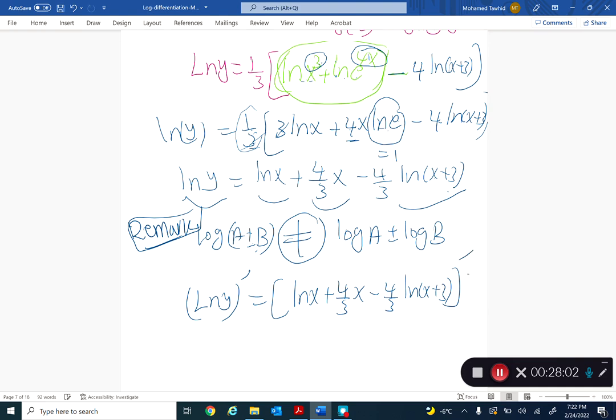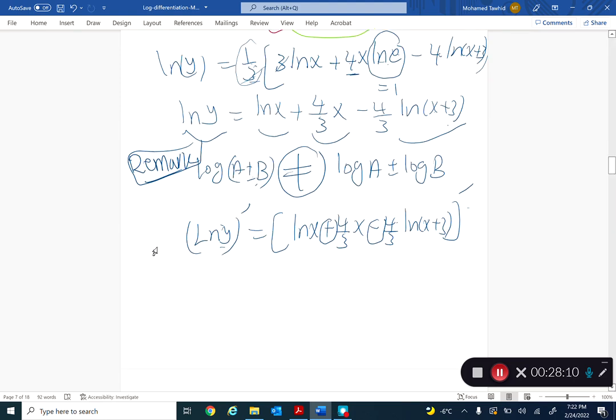If you have plus or minus in the middle, it means I have to take the derivative term by term. The first term, the second term, and the third term: ln x is one term, 4 over 3 x is the second term, and negative 4 over 3 ln of x plus 3 is the third.